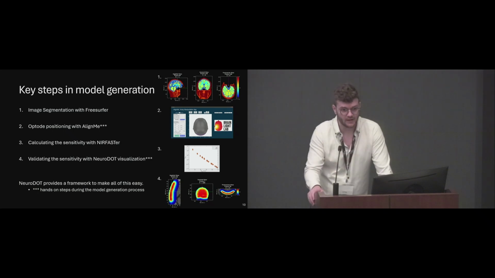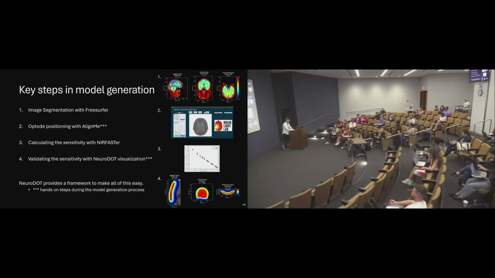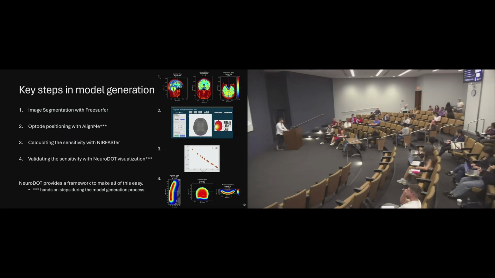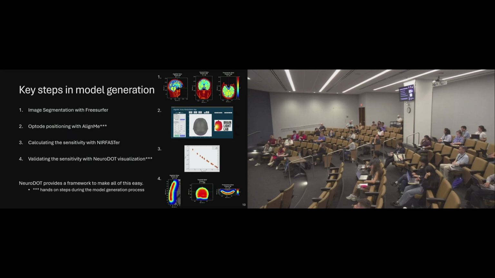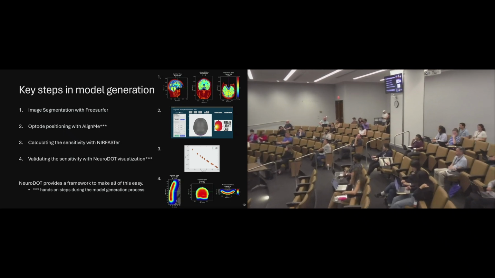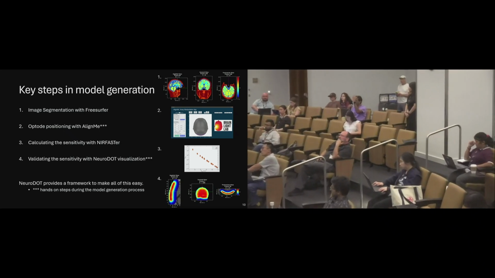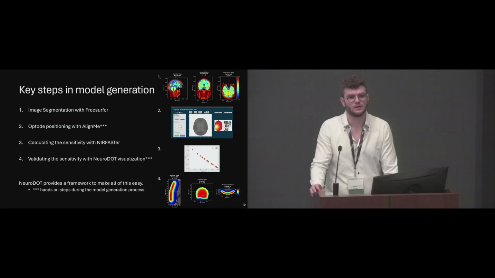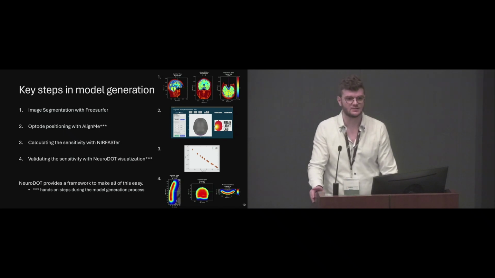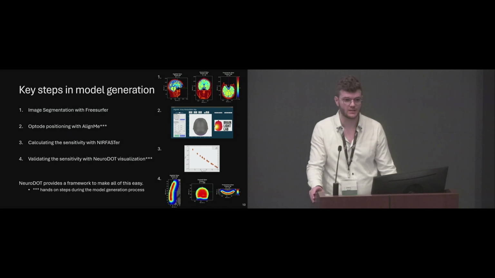Yes, question in the back. One second, wait for the microphone to get to you so we can help the people on Zoom. When you place the optodes on the mesh, do we need to align like Nasion or Inion? That's a very good question. It depends on the intensity that you want to go for your alignment process.